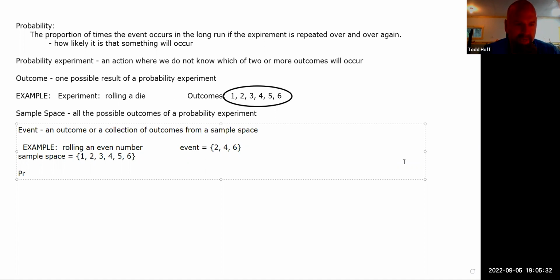So, a probability model, sometimes called a probability distribution. Just like we had a population distribution earlier, we have probability distributions for a probability experiment.